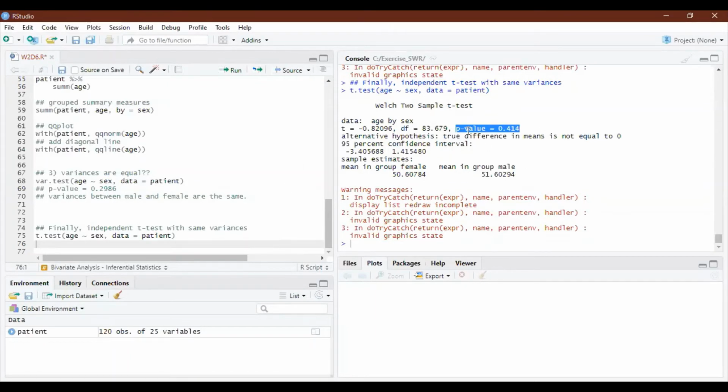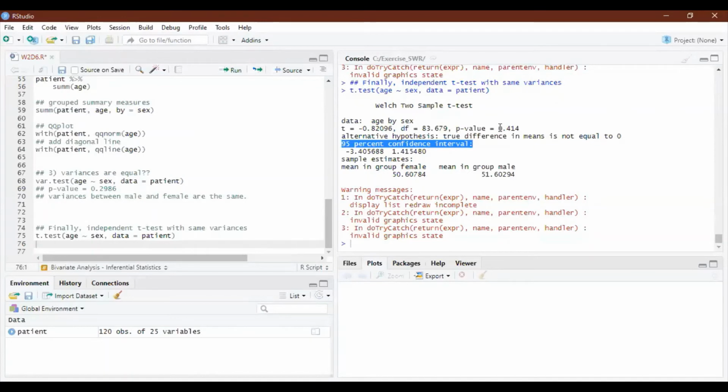You just look at the p-value, and if the p-value is less than 0.05, because we are looking at a 95% confidence interval, which you can change, then we say that the two groups have different means.